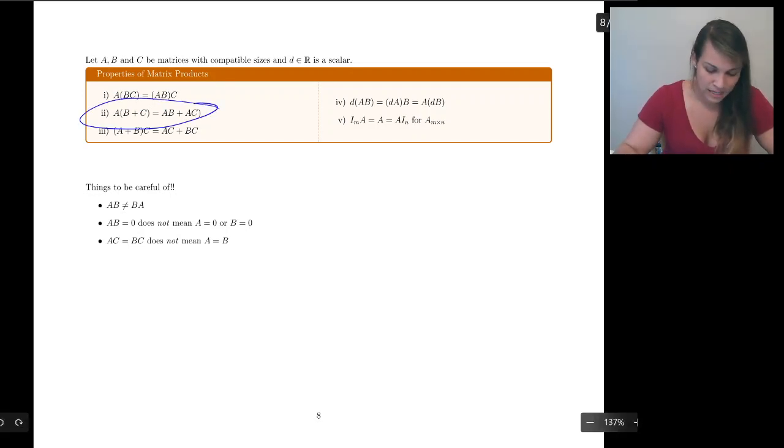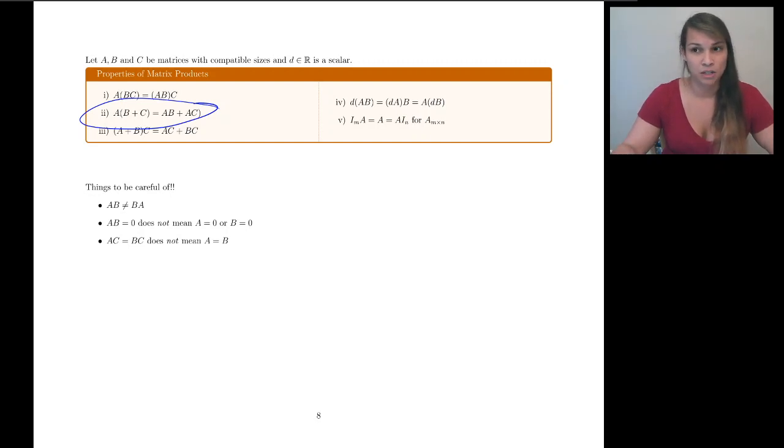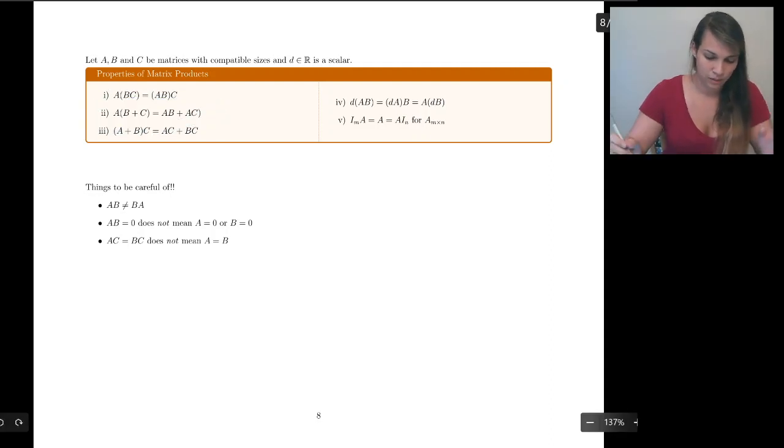Second property, now we have B plus C. Now we need B and C to be the same dimension. We don't care so much about rows and columns matching. We care about rows and rows matching and columns and columns matching. So that's what I mean by compatible. So we've got distributive over addition.